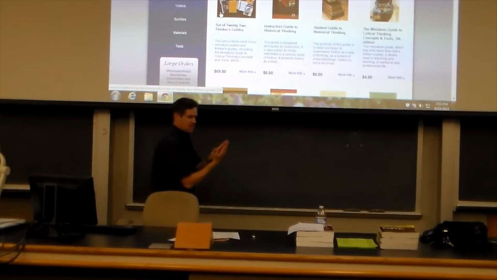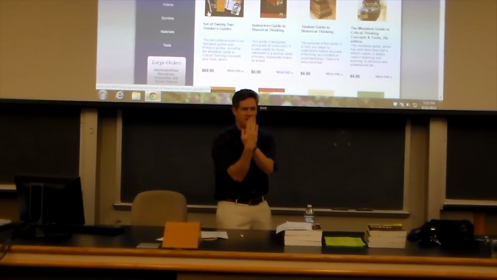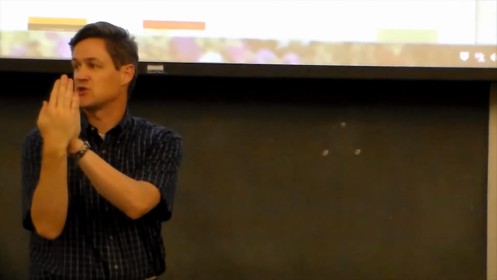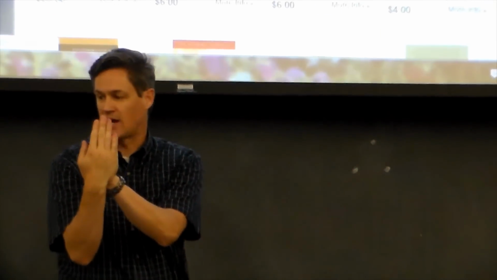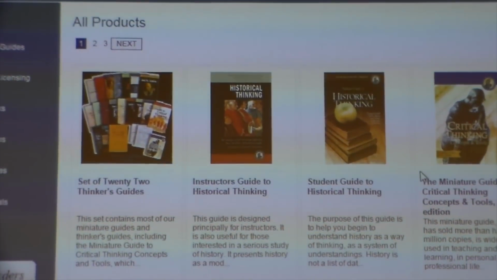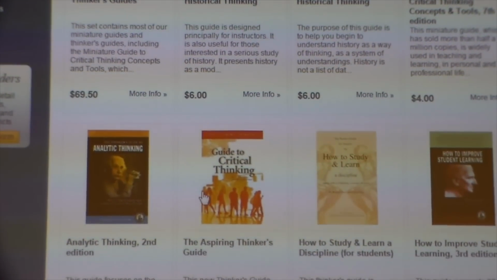I should have brought one. These little books. They're like $2, and they're written by professional people who are not just philosophers but specialize in critical thinking, in analytic writing, and they publish these little guides. They're like $4 or $5. And so they have them in all different areas, general critical thinking.